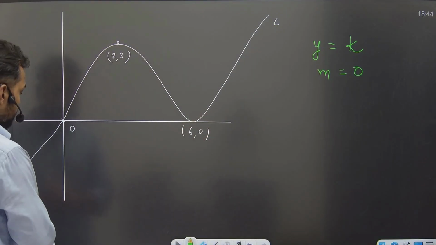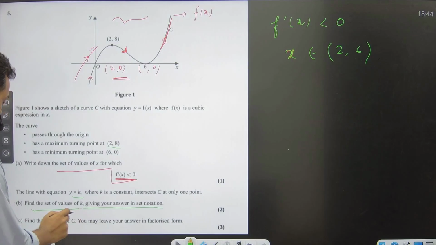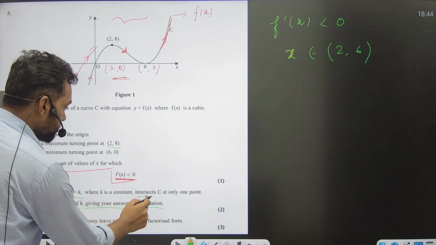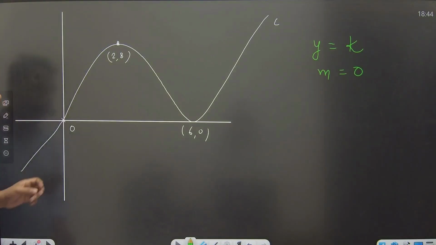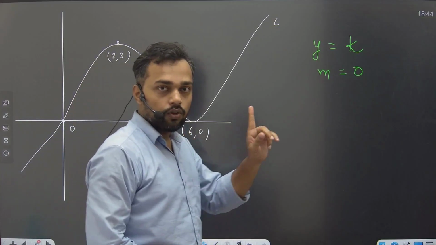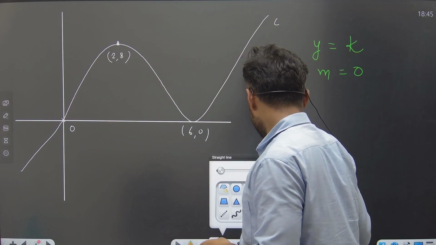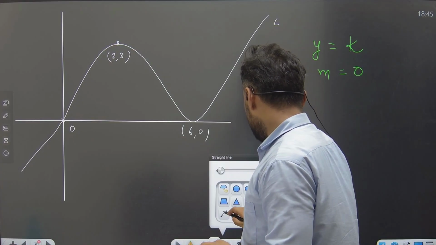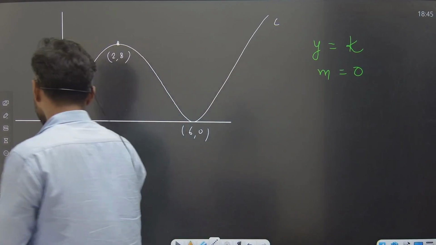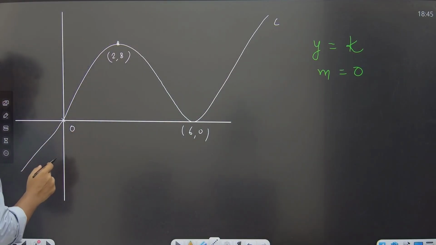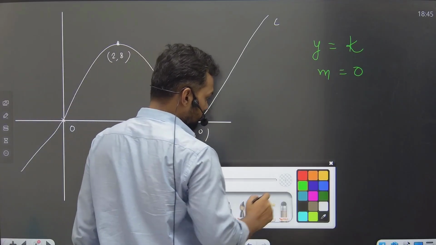Now let's discuss this. They have asked that the line must intersect C at only one point. So we'll take the cases, students.